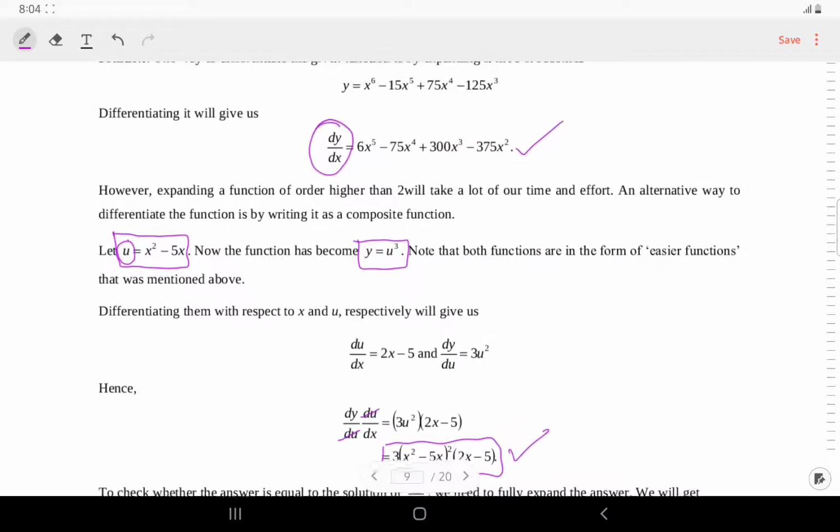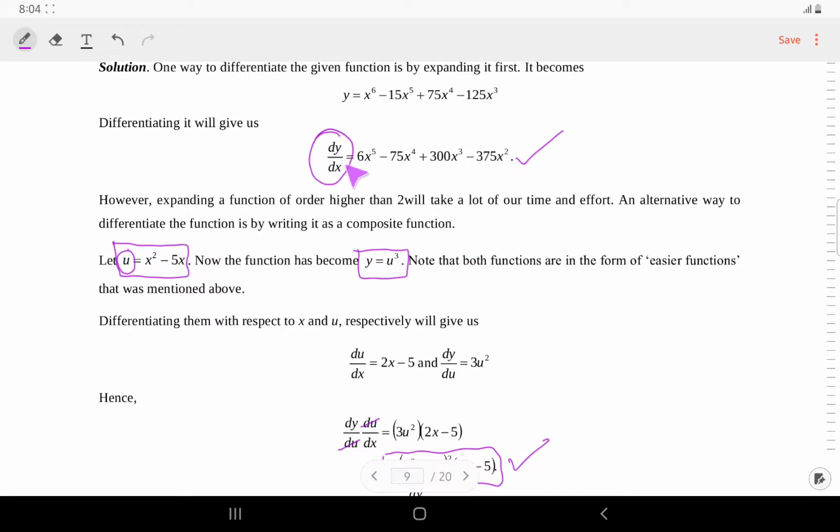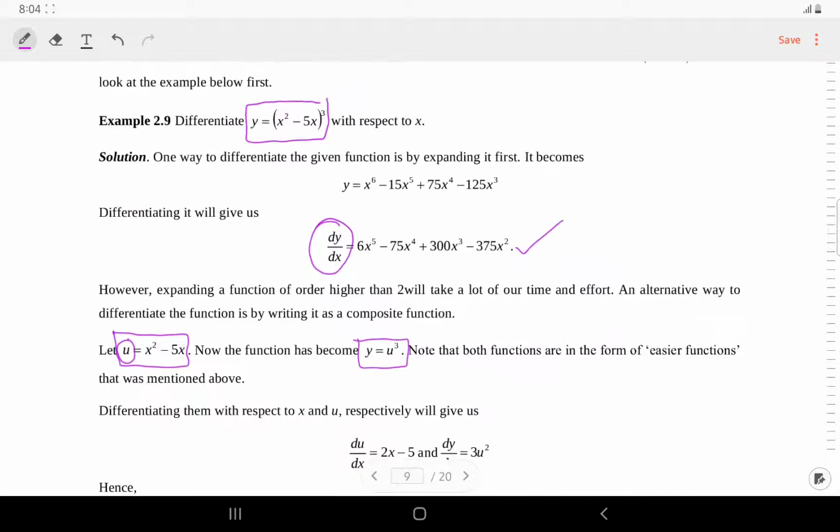So this is the answer we get from expanding the original function, where the working solution is a little bit long, because we need to expand or multiply this term 3 times.